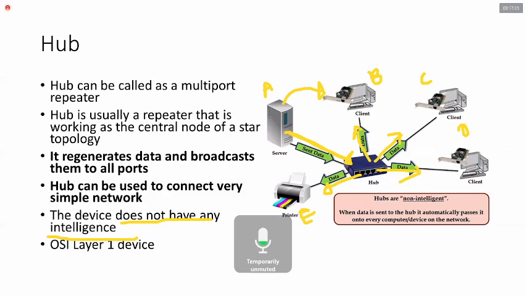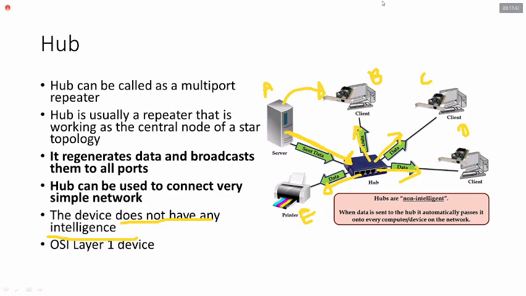Because it's at the same time. Everyone gets the message. When the server sends the message to the hub, the other devices are connected to the hub, so everyone gets the data.